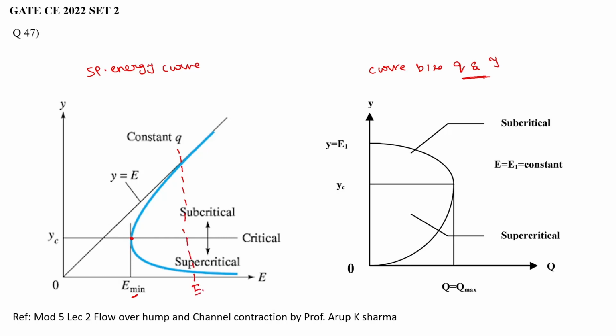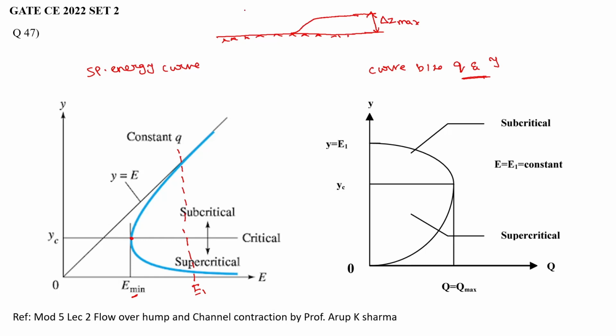Let's mention this as E1. Let's take the same question. This is a channel bed. Now construct a ramp, and this is delta z max. At some distance it will be the same, delta z only.